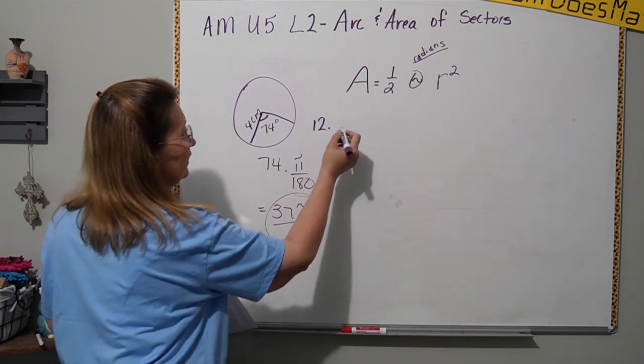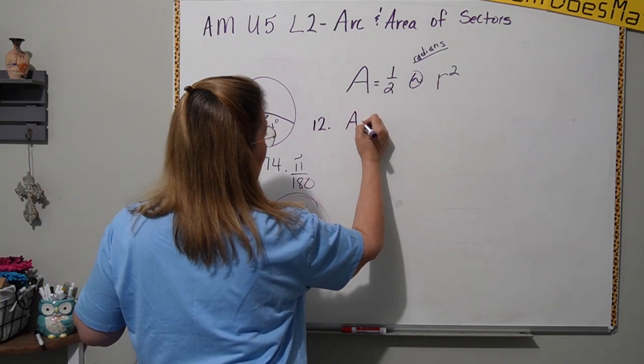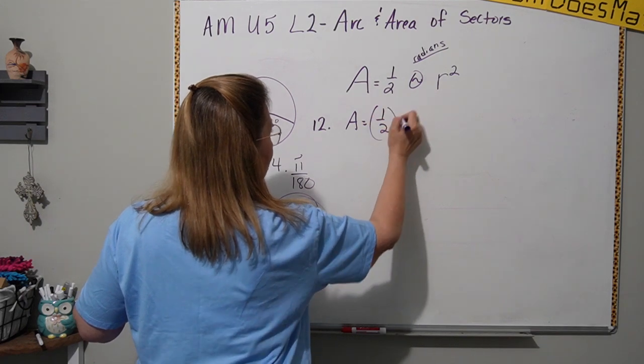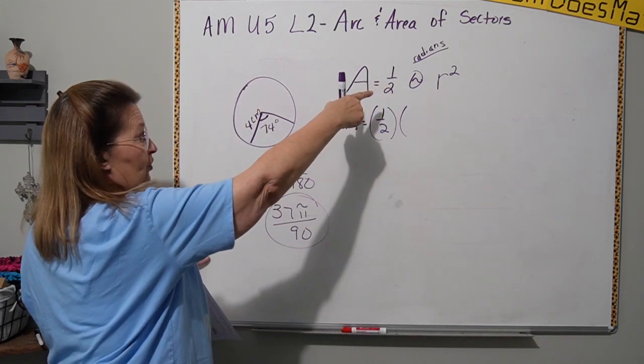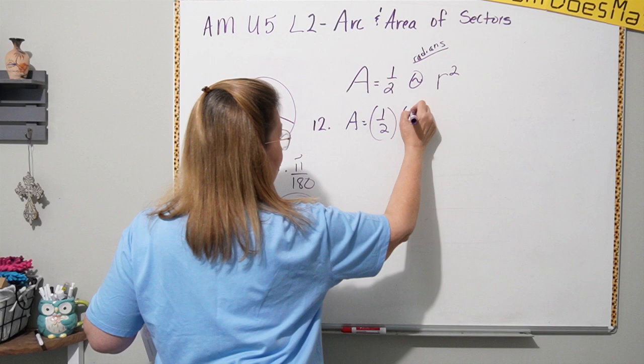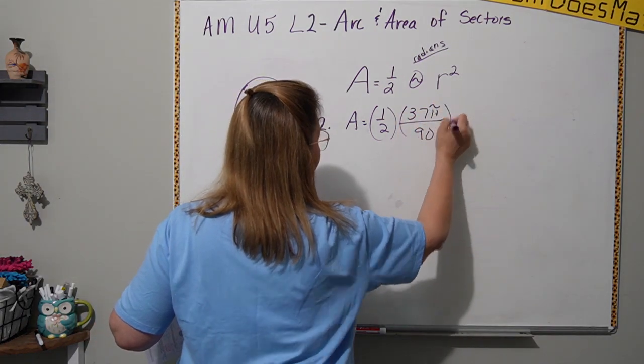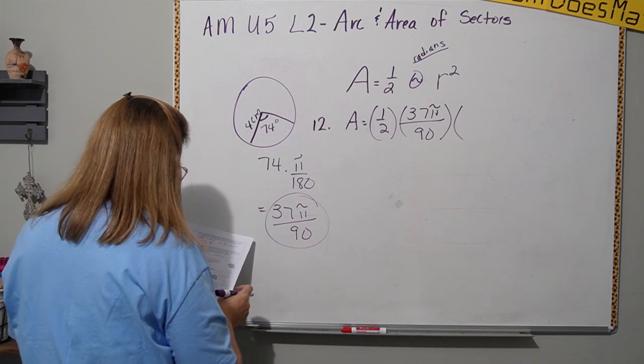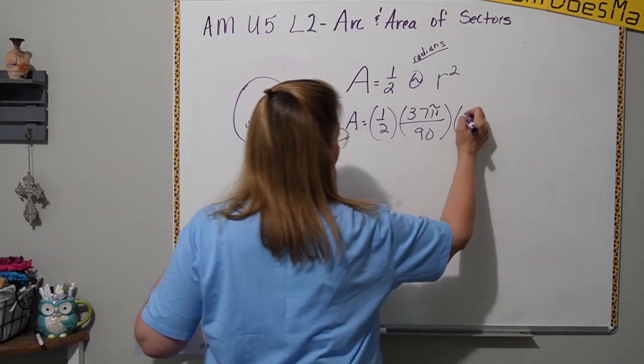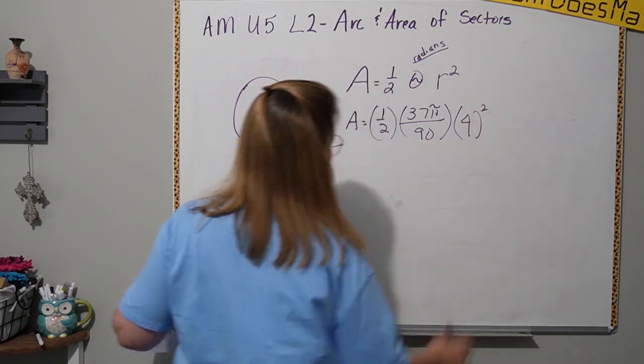Now we're just ready to fill in. So our area is going to be 1/2 times the degree in radians, which we just found to be 37 pi over 90, times r to the second power. Our r is 4, so now you have 4 squared.